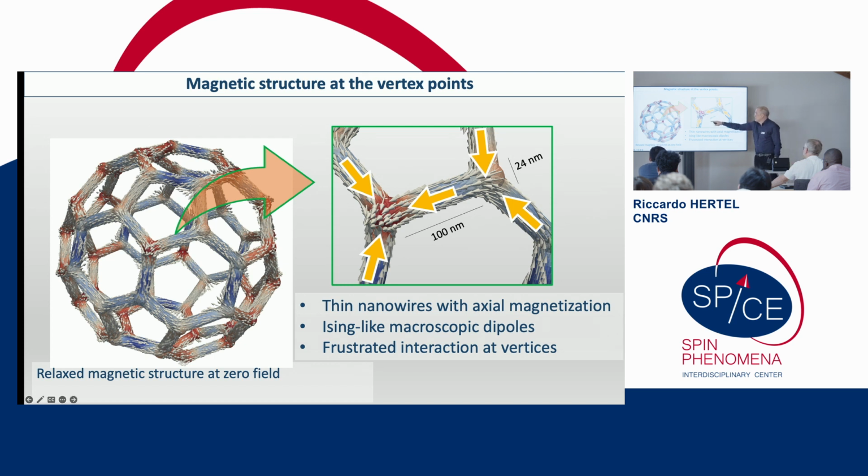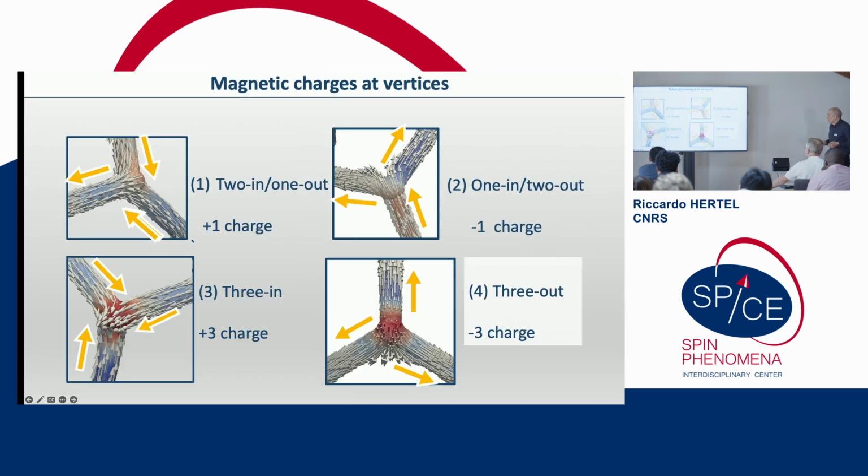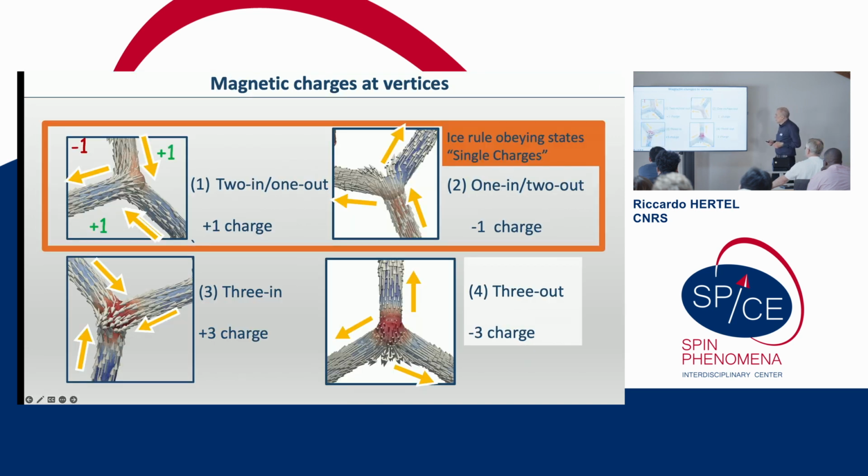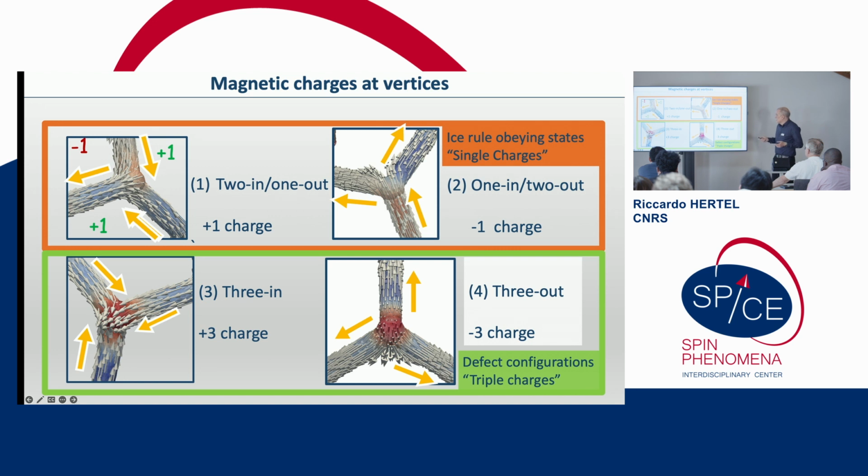Typically, the sizes we're looking at are bars of about 100 nanometers in length, and rather thin, about 20 nanometers, making sure that these can be considered as Ising-like macroscopic dipoles. And so therefore you develop some magnetic frustration at the vertices rather than domain walls within the wires. And so you can easily classify basically the two types of vertex configuration that can develop.